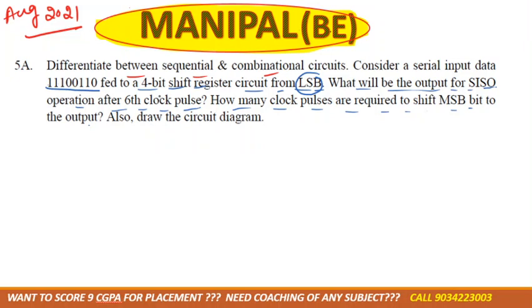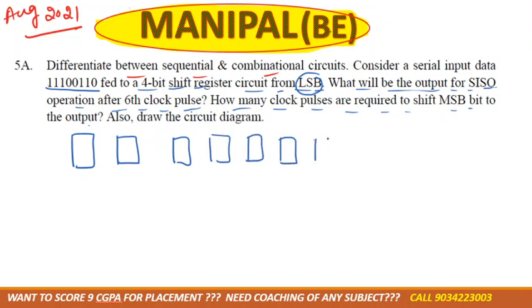So we have to draw it. Like suppose, I am drawing small. If it's an 8 bit, we need to draw 8 flip flops. Okay. 1, 2, 3, 4, 5, 6, 7, 8. And in this case, it is D1, D2, D3, D4, D5, D6, D7, D8, right?